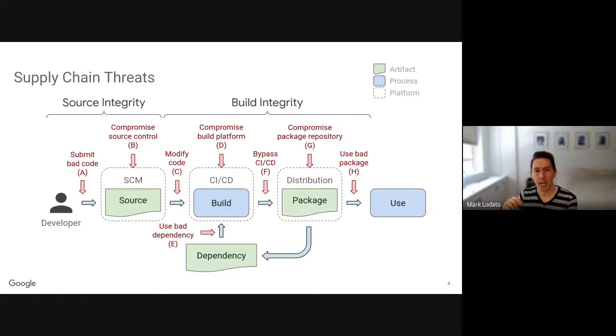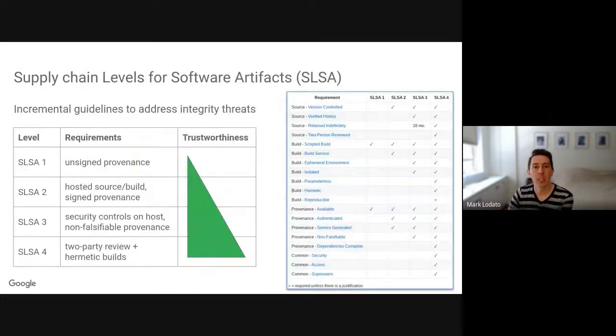And then after that, labeled C through H, is what we're calling build integrity, which is other types of tampering after it's already been submitted. I'm happy to walk through that if anyone's interested, but for time, I'll skip it for now. And SLSA is intended to address all of these threats.